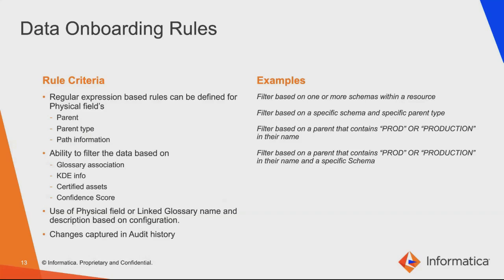You can also provide a combination of those, saying, bring everything with prod or production, but only from specific schemas. Those kinds of rules allow you to define exactly what you want to bring in from EDC into Axon from a governance perspective. And again, you can manually create those or enable automation for every system, in which case the system will automatically create those every night once the job has been run.